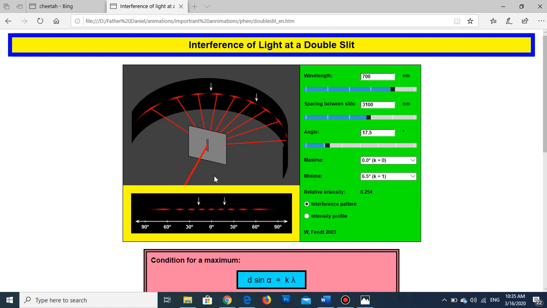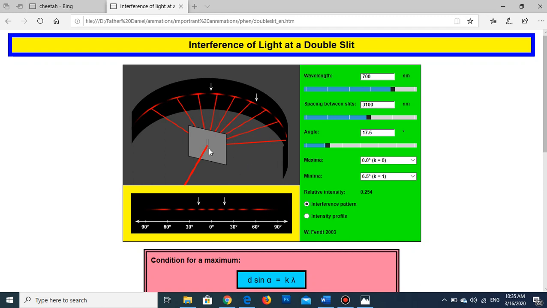And at zero, what is zero? This is the point where we observe a bright fringe. This is the central fringe. Don't forget that if we change something in this setup, for example, we move this plane to the right or to the left, then everything is changed.